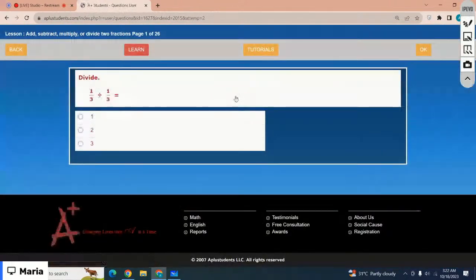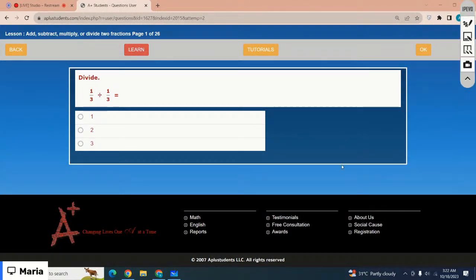Okay, 1 over 3 divided by 1 over 3. So, how do you divide?